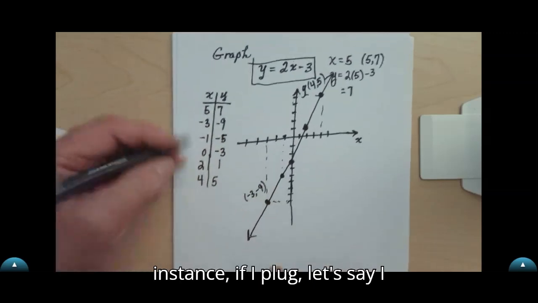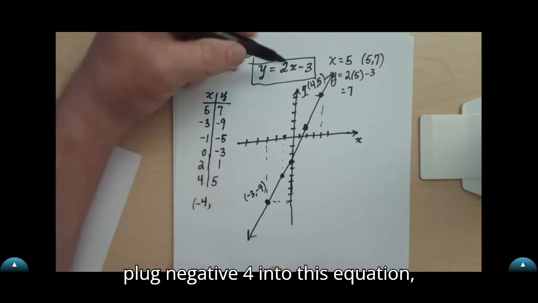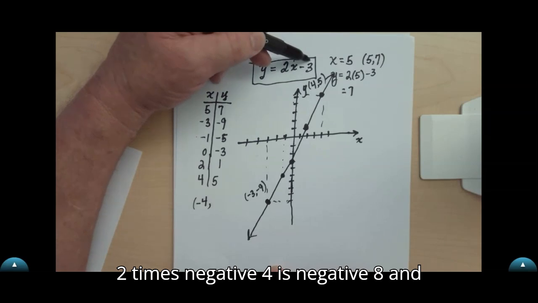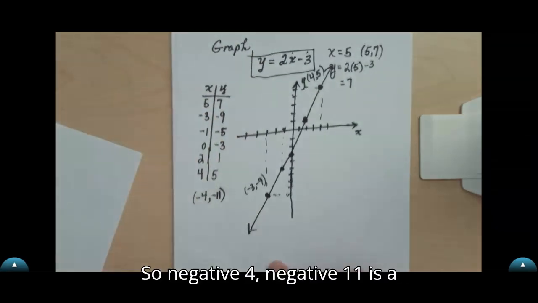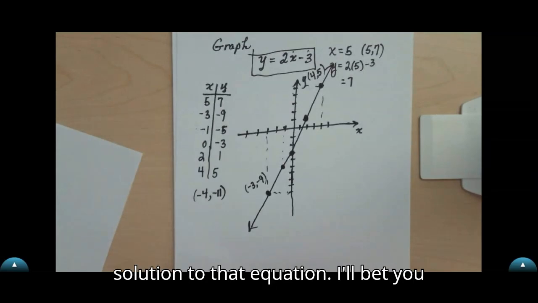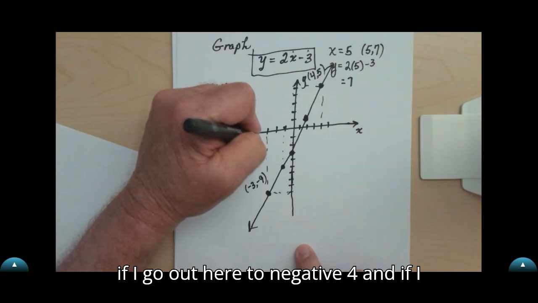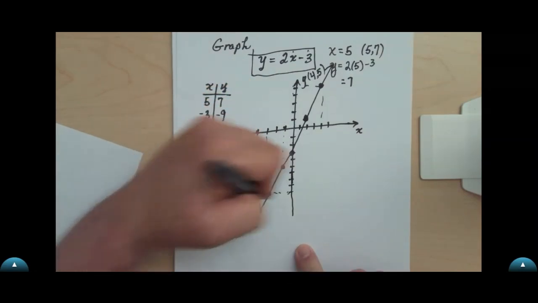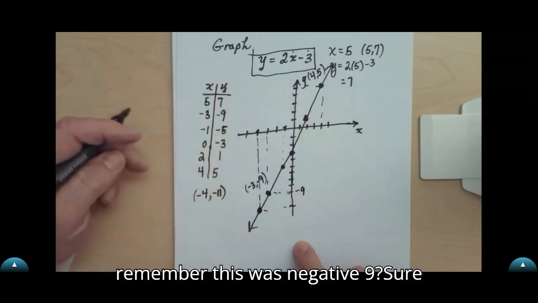So for instance, let's say I plug -4 into this equation. 2 times -4 is -8, and -8 minus 3 is -11. So -4, -11 is a solution to that equation. I'll bet you if I go out here to -4, and if I go down until I hit the graph, remember this was -9?